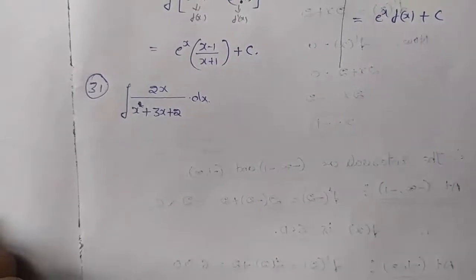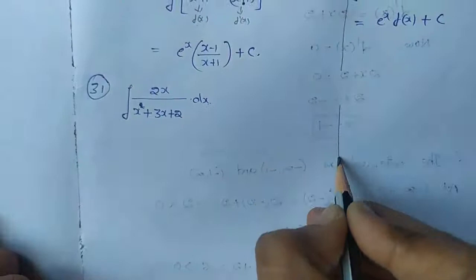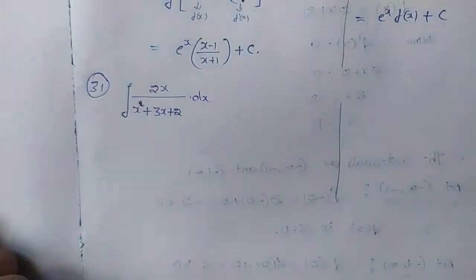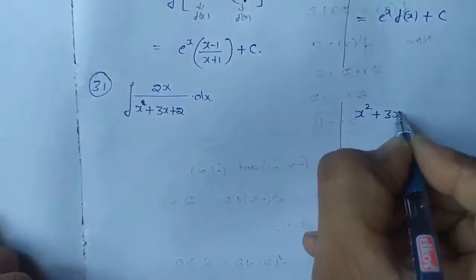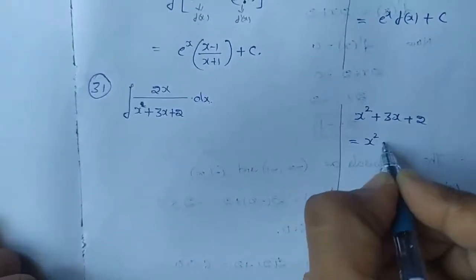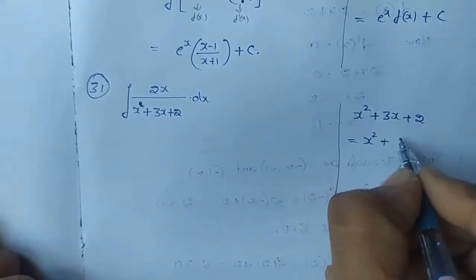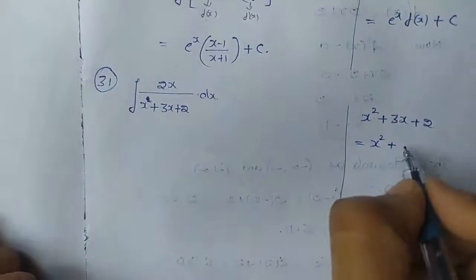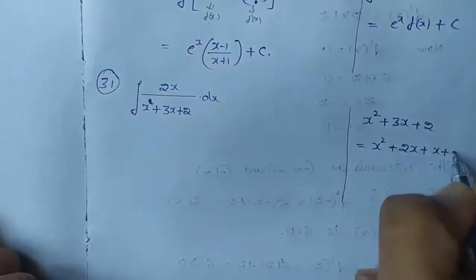So let us factorize. The denominator is x square plus 3x plus 2, that is equal to x square plus 2x plus x plus 2.